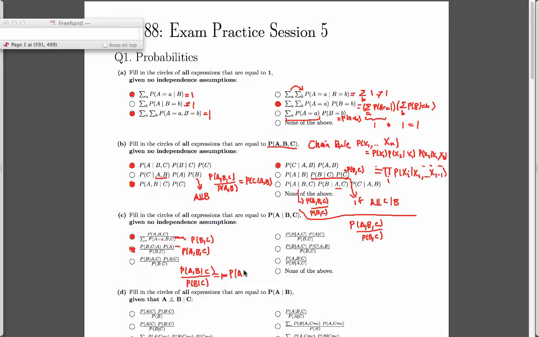So by the rules of conditional probability, the result is the probability of A given B and C, without making any additional assumption guarantees. So therefore, this option is also correct.